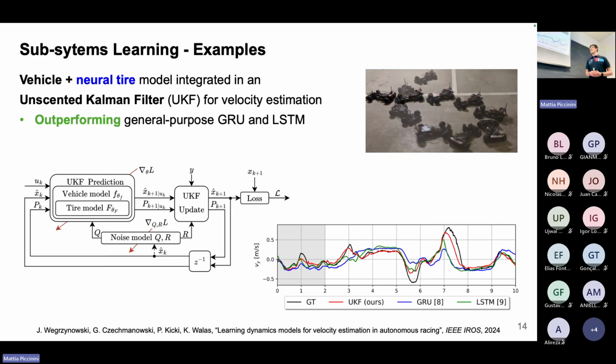But yes, because indeed they are general, but they could overfit. Yeah, this is the problem. They have a lot of parameters. Typically, they overfit. This is what happens here, probably. So this is the lateral velocity Vy. You see in red the estimate of their UKF is better than the benchmarks.